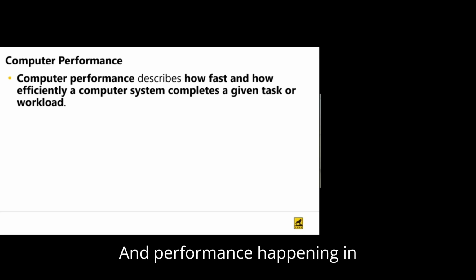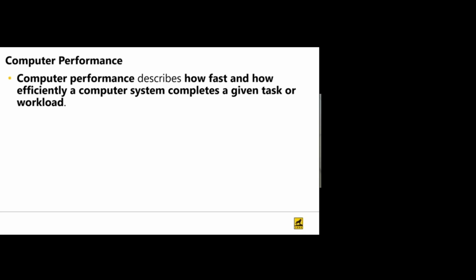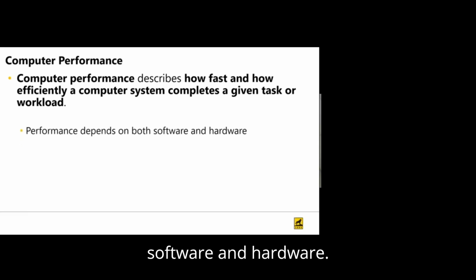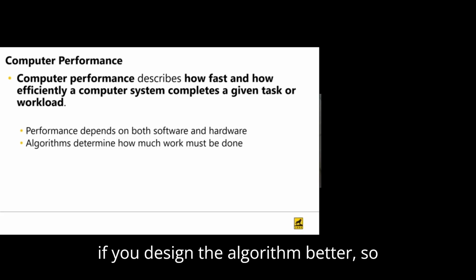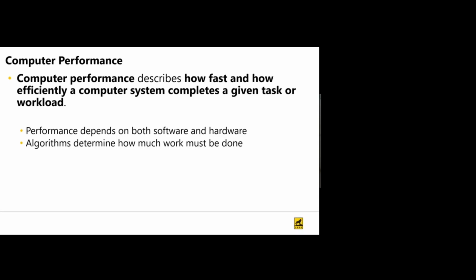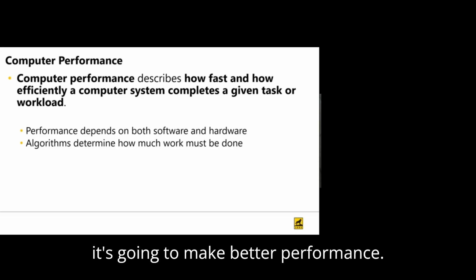And performance happens in software and hardware. It starts from the algorithm. When you as a programmer design an algorithm, if you design it better, it's going to make better performance.